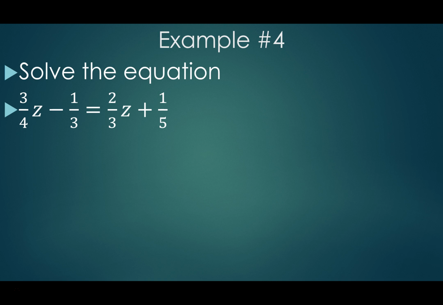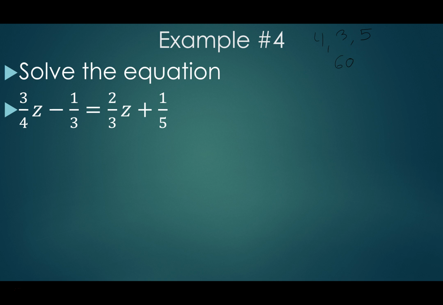When we have a bunch of fractions in our problem, generally the best option is to multiply everything by whatever the least common multiple of the denominator is going to be. So we see our denominators are 4, 3, and 5. So if we take a look at all the different multiples of these numbers, the multiple that they all happen to have in common would be, looks like, a 60.